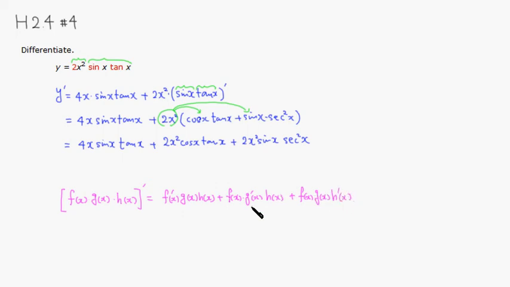This is basically the product rule when three things are multiplied together. Let's type those in.